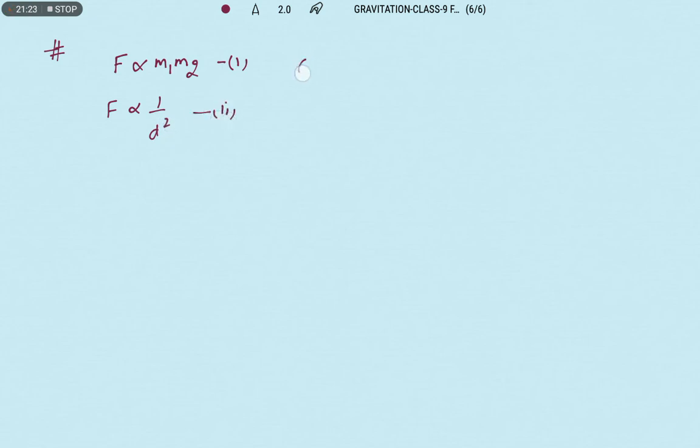Right, so let us take case 1. Two objects of masses m1 and m2 separated by a distance d.